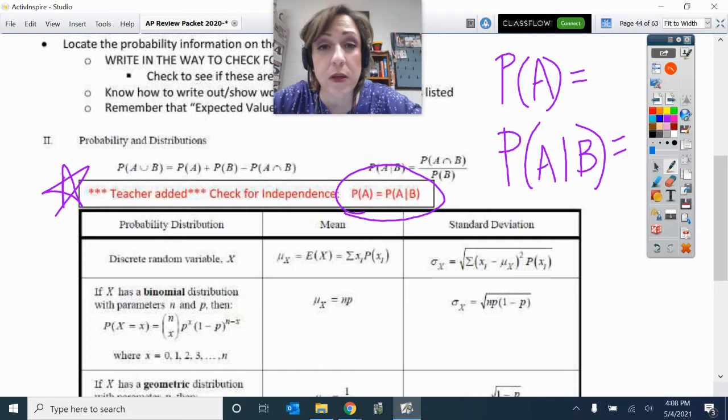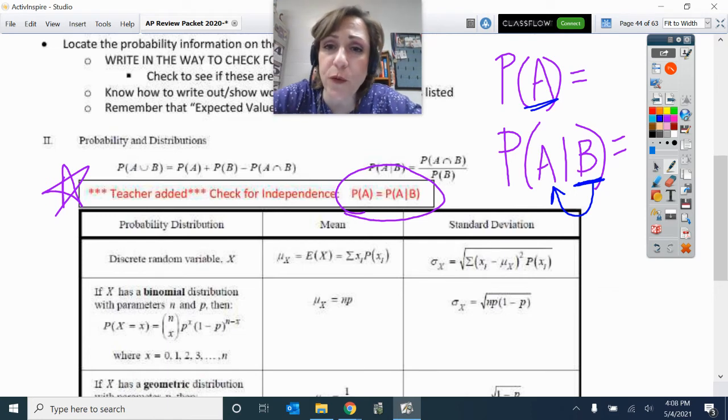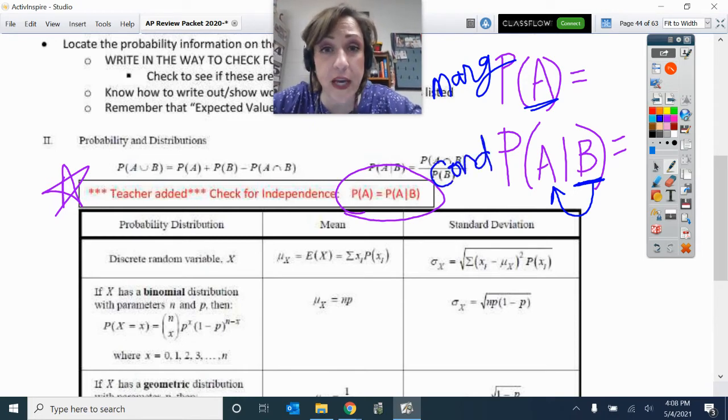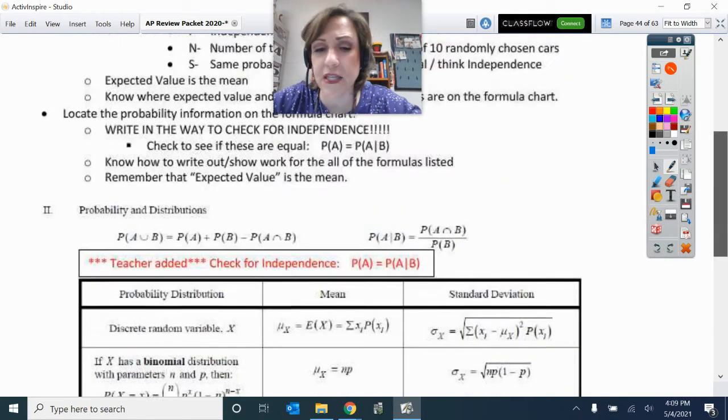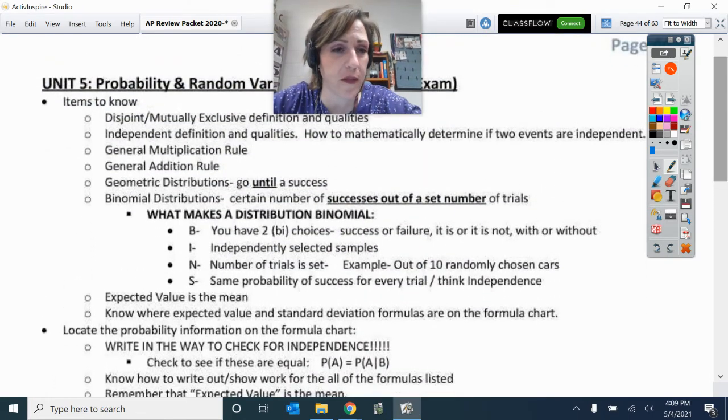If these two computations are equal, then remember what that says. Given that B has occurred, it has not changed the probability of A. It's the same as overall. So therefore, this marginal probability has not changed based on the condition that B occurred, and that would make the events A and B independent. Okay, and that's how mathematically you can check for that.